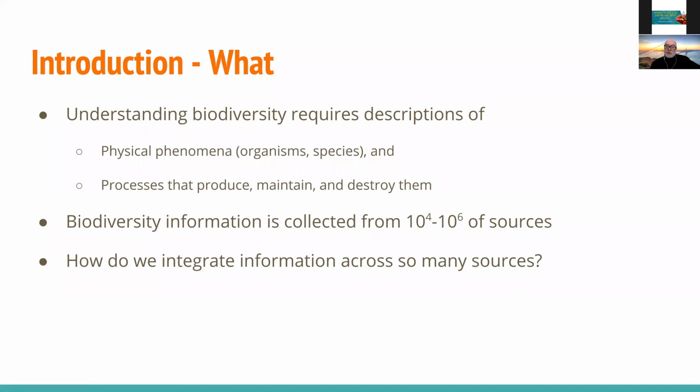Biodiversity information is collected from, as Miguel said, at the moment, right now, into GBIF, we have 1,500 or so institutions, but there's still a lot more to be added. And depending on how you count them, if you even count individual citizen scientists, we're definitely getting into the range of hundreds of thousands, if not millions, of sources. So how do we integrate all of this information across so many sources?